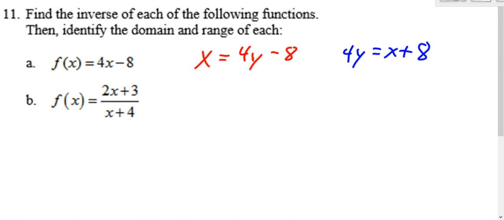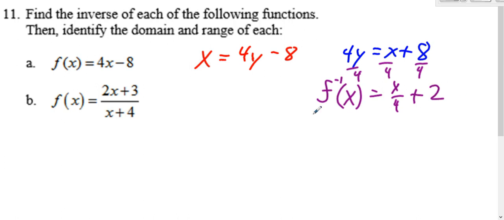Divide everything by 4. And you get y, or you could say f inverse of x equals x over 4 plus 2, since 8 over 4 is 2. There's your inverse.